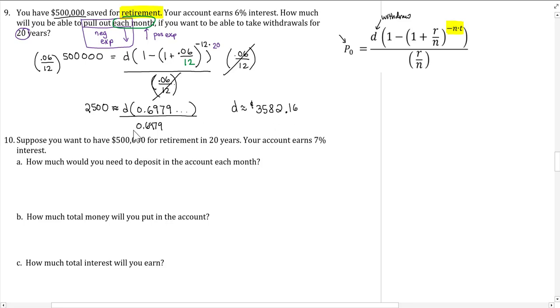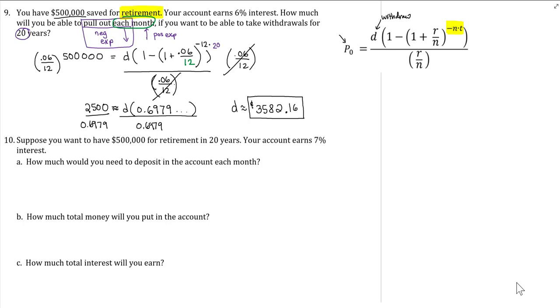I need to round it to the nearest cent. I want to look at that and make sure it makes sense. If I have $500,000 saved for retirement, 3,582 seems a little bit low, but it might be correct. I am taking it out for 20 years and it is not a huge interest rate, so it seems appropriate.